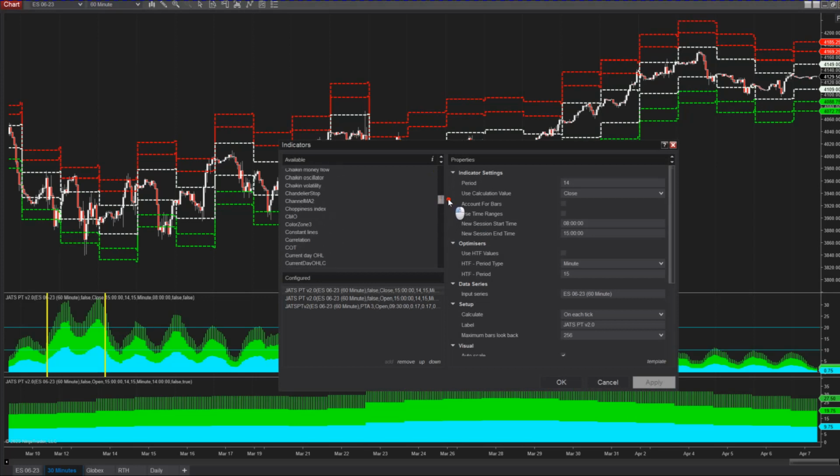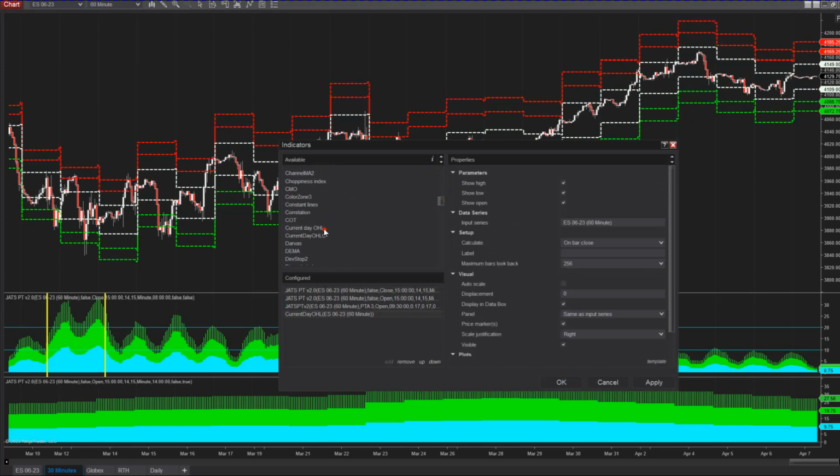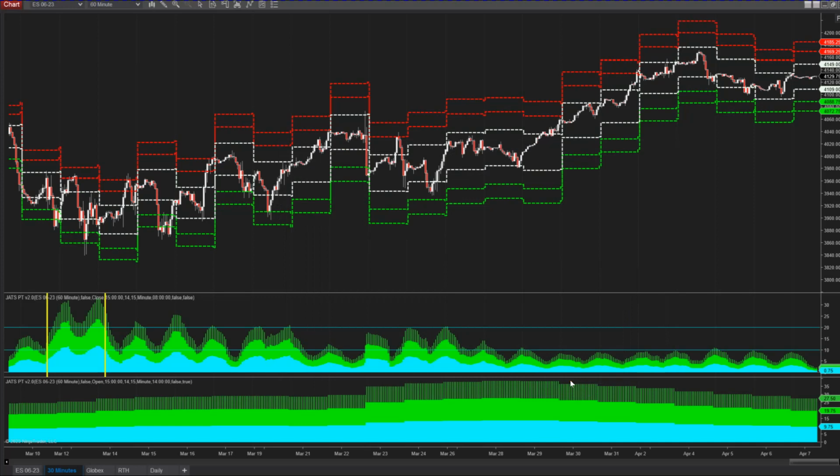Let's see which one do I use? Current day open high-low. And I just turn off the high and low. This is a standard NinjaTrader indicator right there. So there is your open for the session. And you can see that you're in the middle of the range and how price now responds.